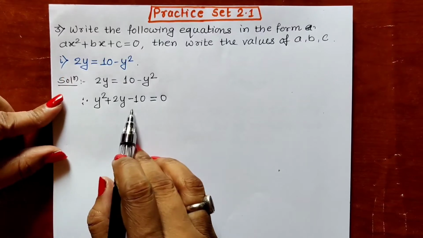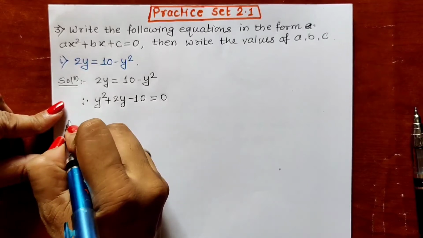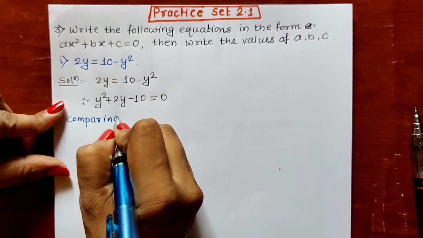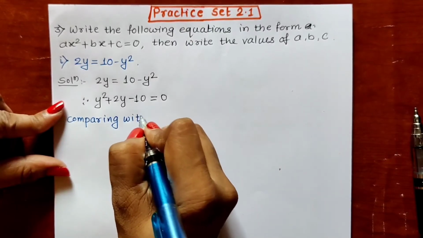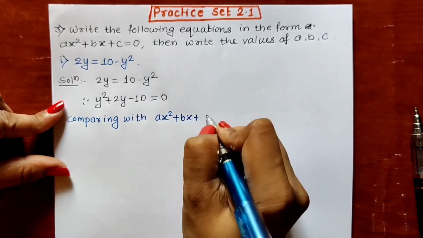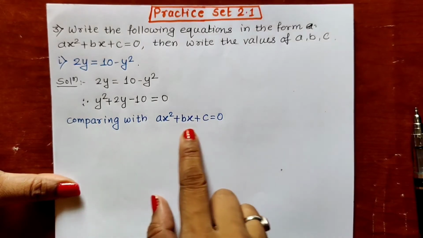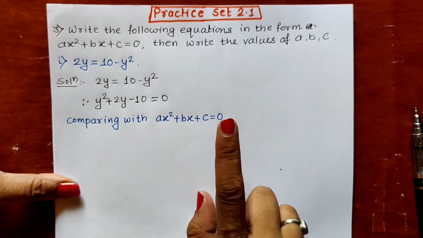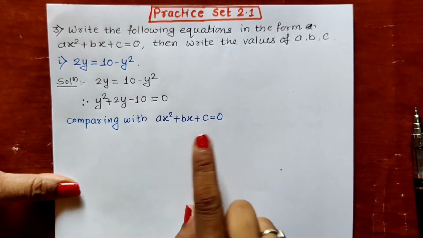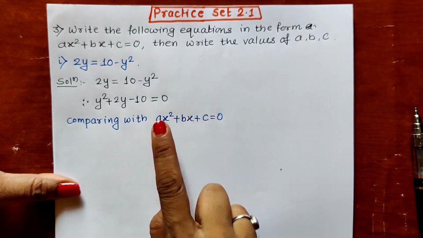Now we can see it is in the general form. So when we get the equation in the general form, we can compare. Comparing with ax square plus bx plus c is equal to 0, we can write the values of a, b and c. Our variable is y in place of x, but a, b, c means constant and real numbers.